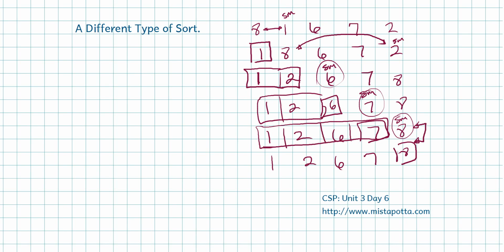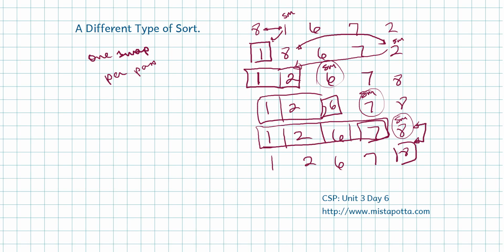So this is a different type of sort because you only have one swap per pass. The only reason that you're doing a swap is to get the smallest number in the right spot. That's really the only reason that we're doing a swap at all.